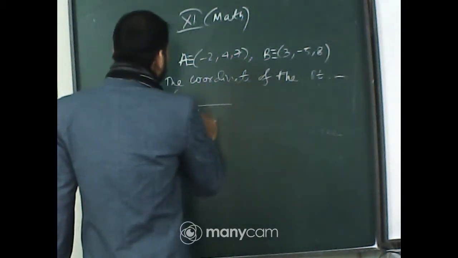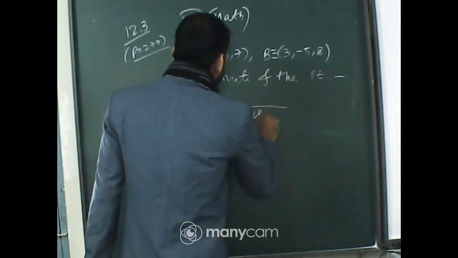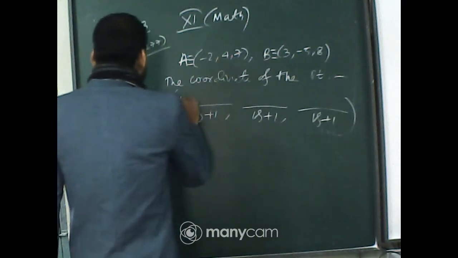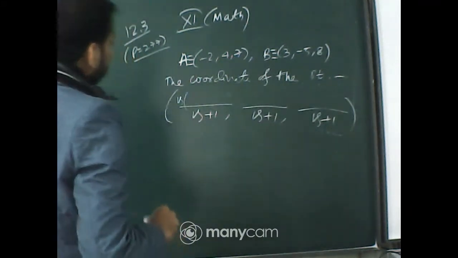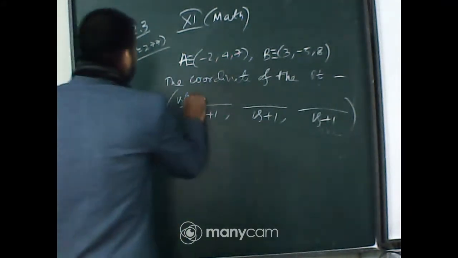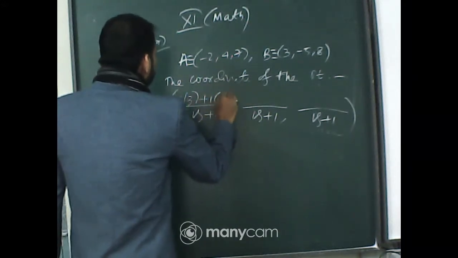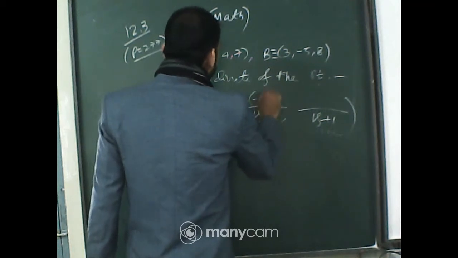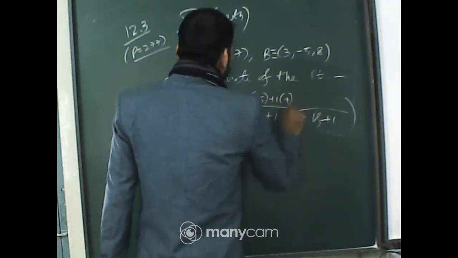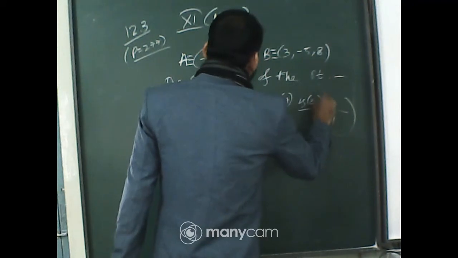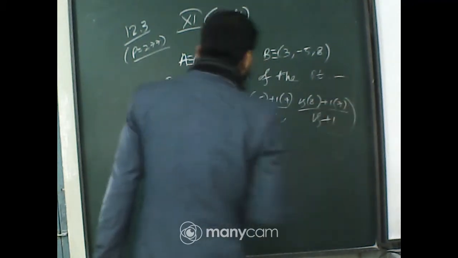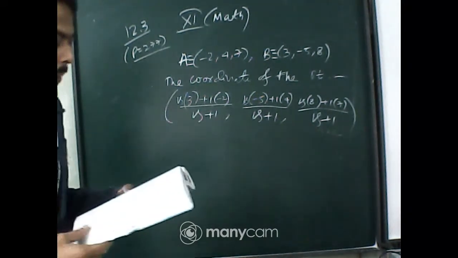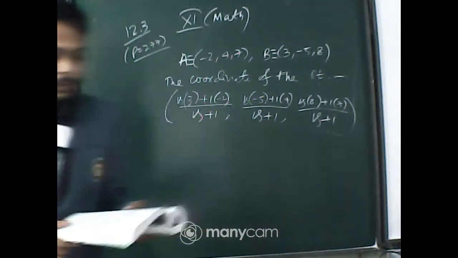So here all the denominators will be k plus 1, and in the numerator, k into 3 plus 1 into minus 2, then k into minus 5 plus 1 into 4, then k into 8 plus 1 into 7. This is the coordinate of the point where the YZ plane divides the line segment.